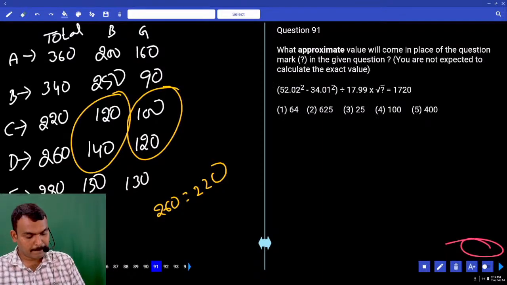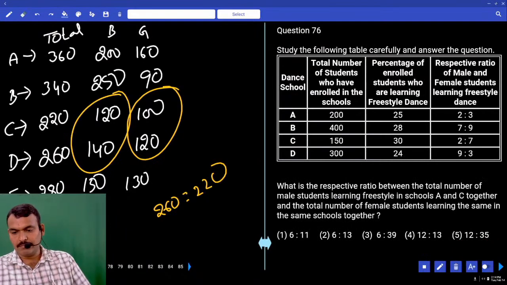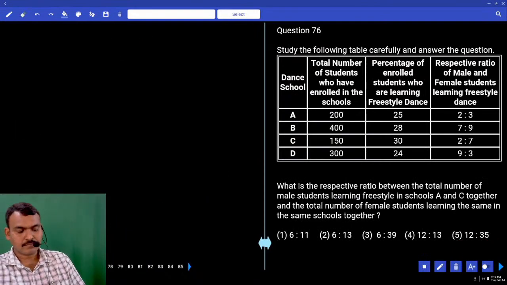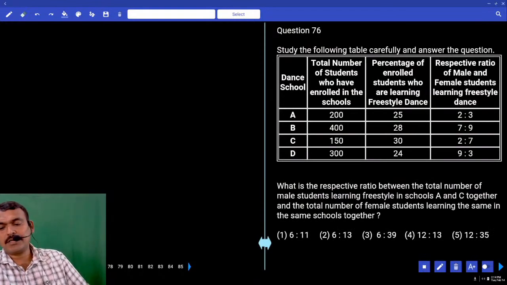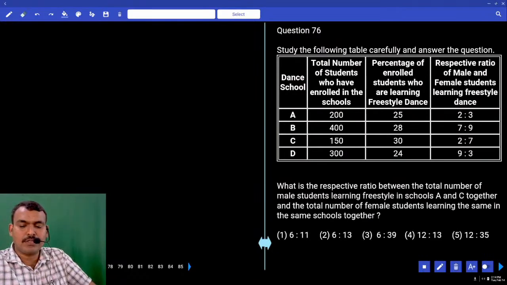Next, 76 to 80. Study the following table carefully and answer the questions. Dance school A. Total number of students who have enrolled in the school is how much? 200.